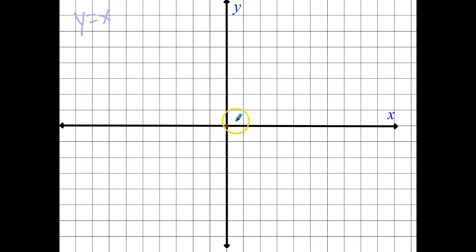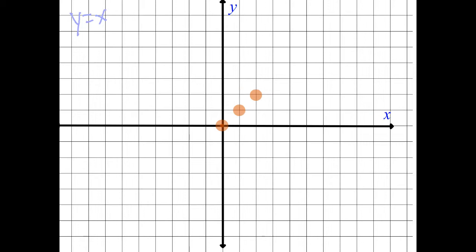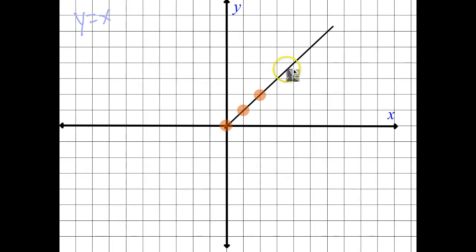We found that (0, 0) was a point, and then we know that the slope is 1 on the parent function, so the line just runs through like this. I should have arrows at the end of it, but for the sake of time, I'm not going to worry about it. So that's y equals x.